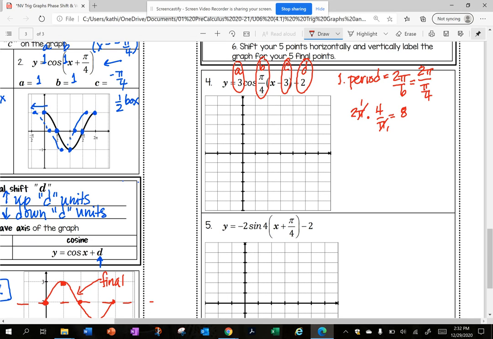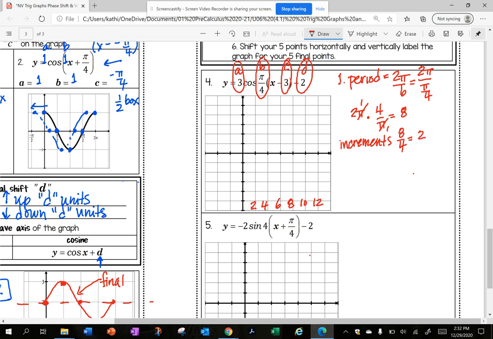But I want to divide this into 4 parts. So my increments are going to be 8 divided by 4, which is 2. So horizontally, I'm counting by 2's: 2, 4, 6, 8, 10, 12.